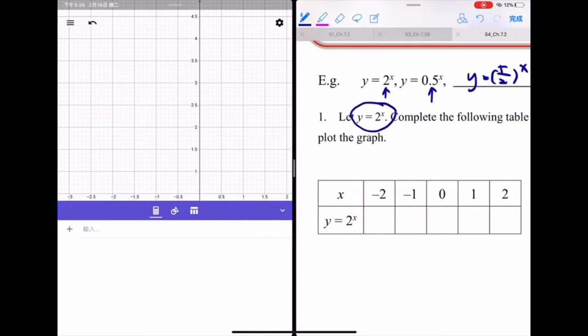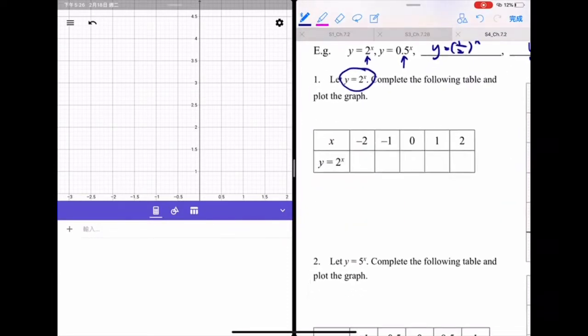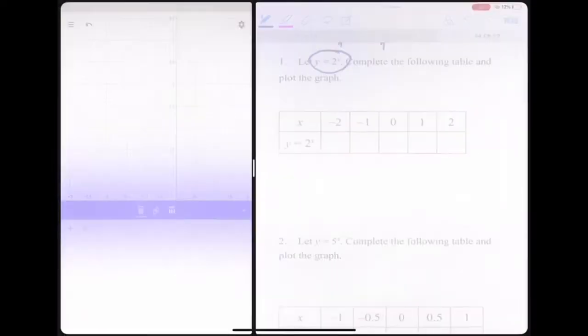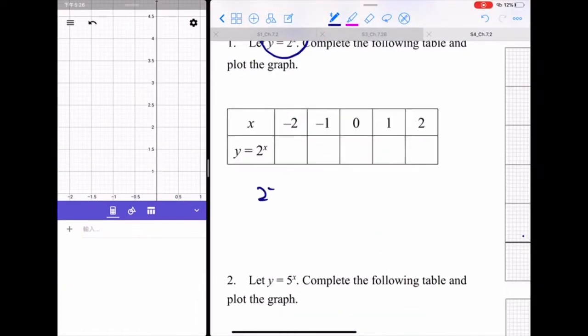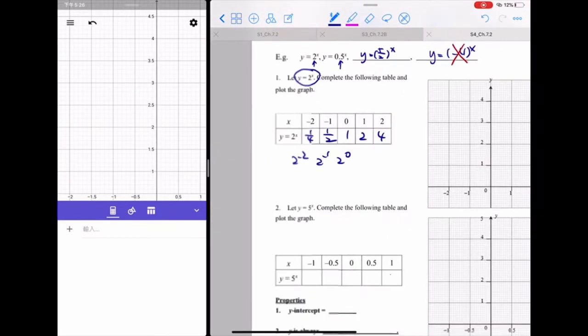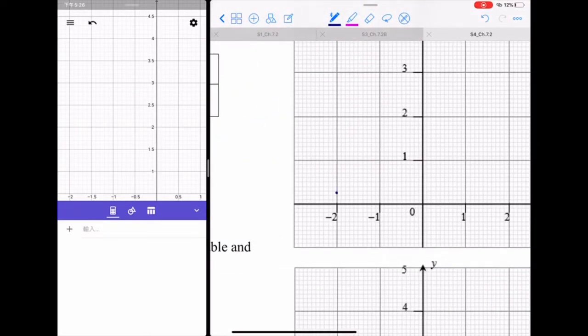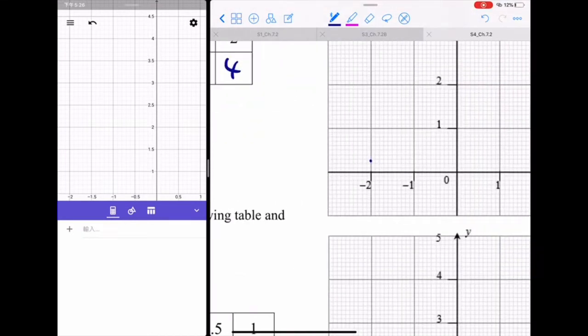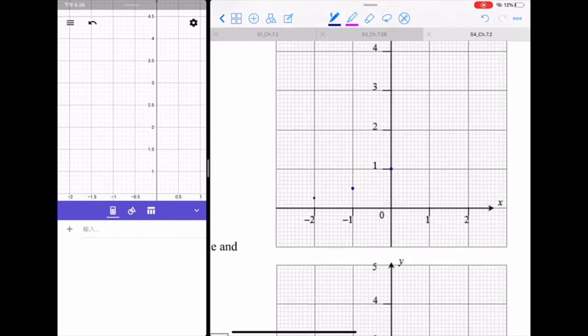First of all, let's explore when the base is an integer. The first one's 1/4, and 1/2, and then 1, 2, and 4. So the first one, which is 0.25, and then 0.5, and then 1, 2, and 4.